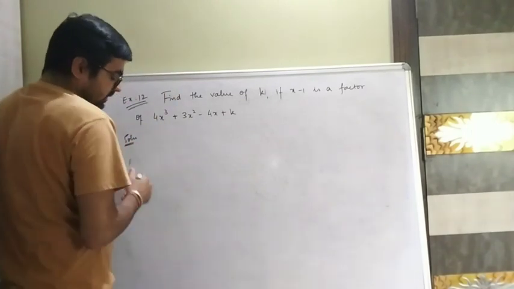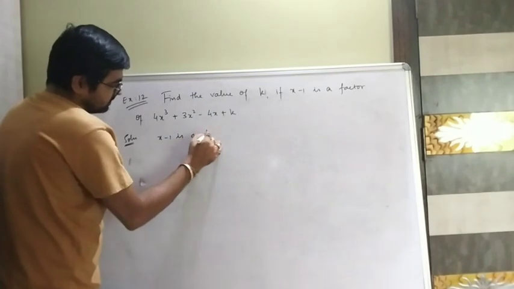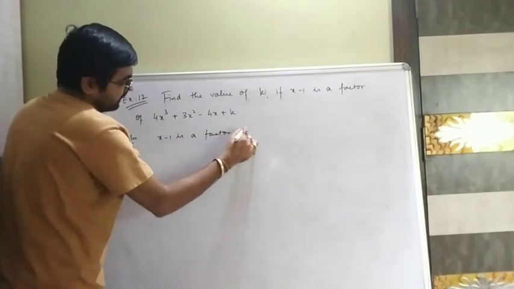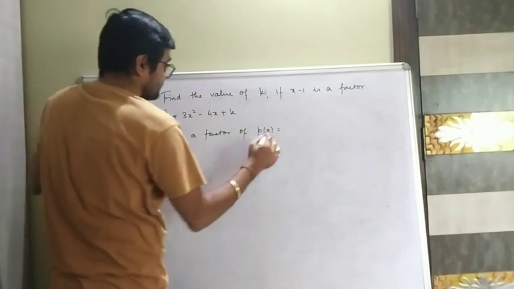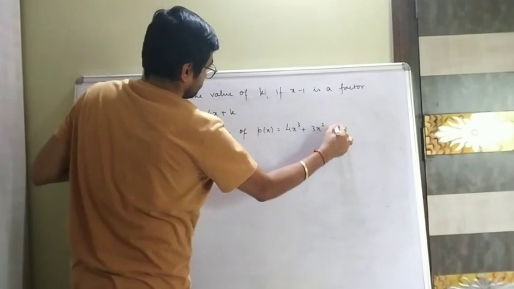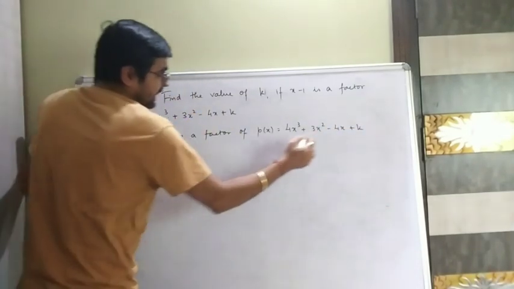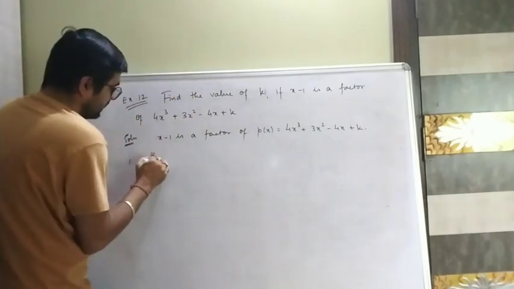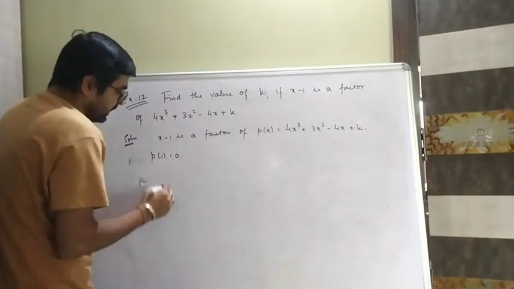So I can say x minus 1 is a factor of this polynomial p of x, 4x cubed plus 3x square minus 4x plus k, then I can say p of 1 is equal to 0. Correct? Simple.